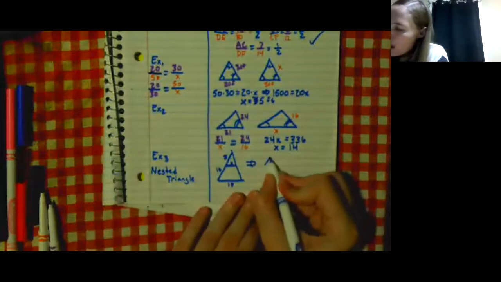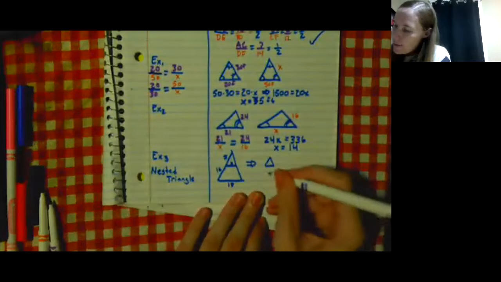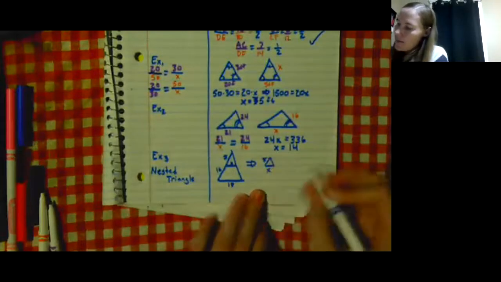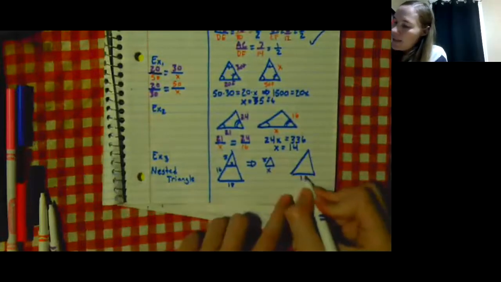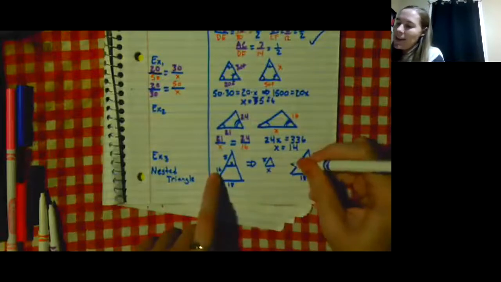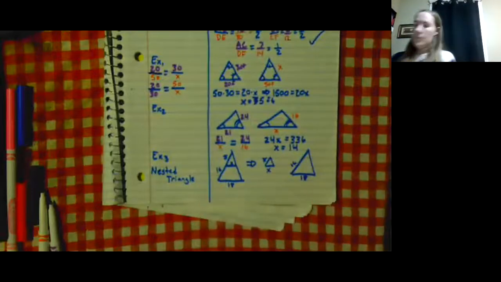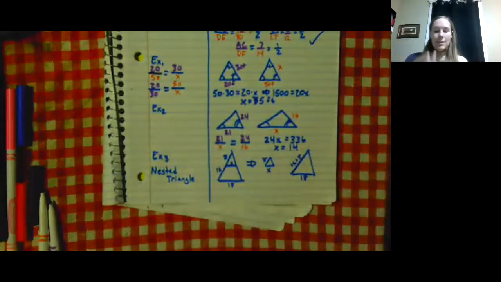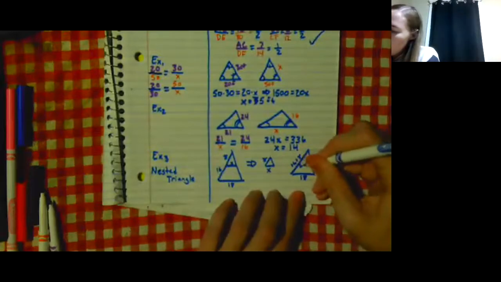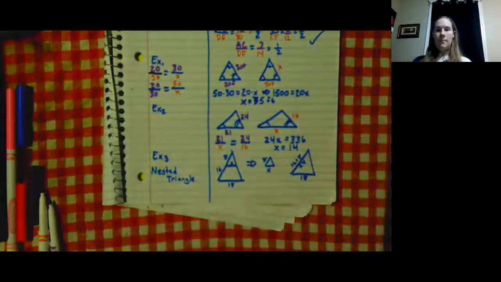So I'm going to redraw. I have my baby triangle with an X and an 8. And then I have my mommy triangle with an 18 at the bottom, but the side isn't just 16. You have to add that 8 as well. So the side is actually 24.